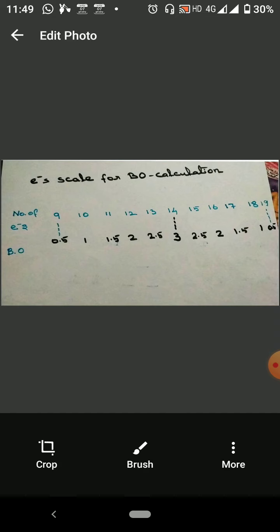For molecules that have a total of 14 electrons, the bond order is 3. From that midpoint, as you move in ascending or descending order, the bond order automatically decreases. So by simply remembering this scale, you can easily predict the bond order of molecules.